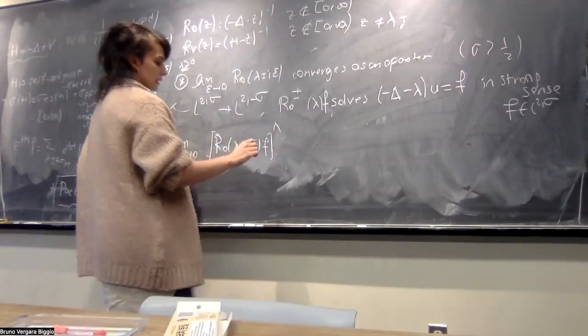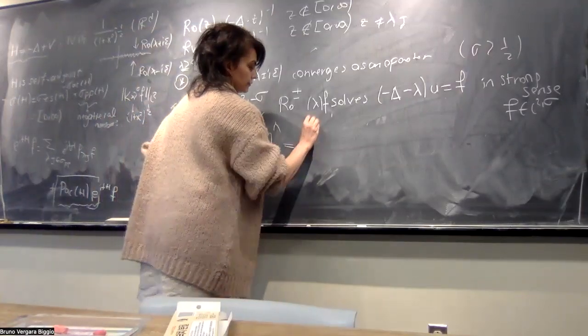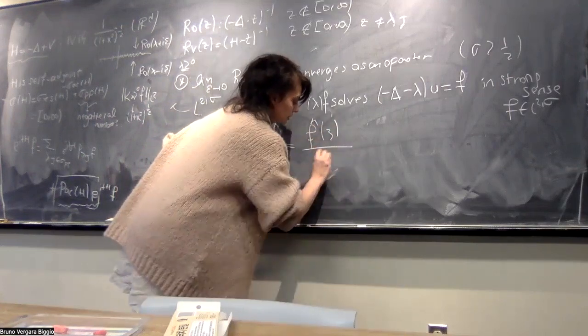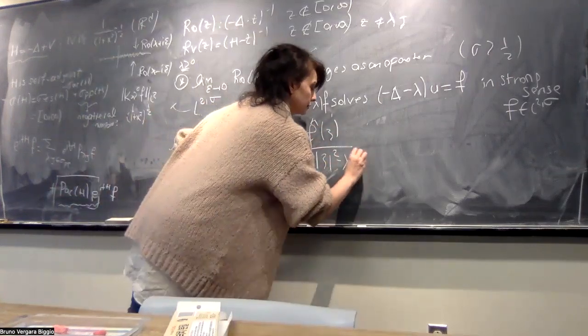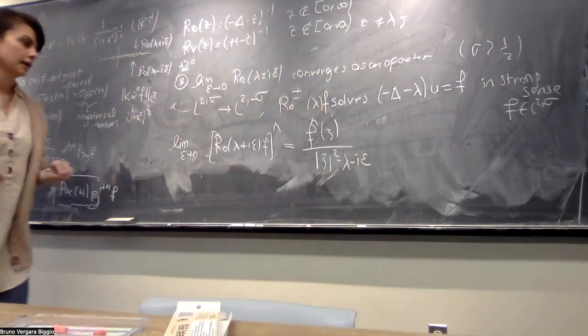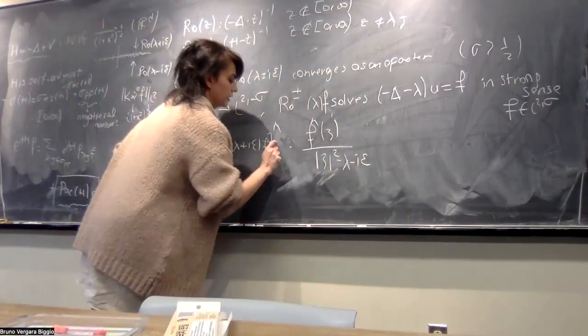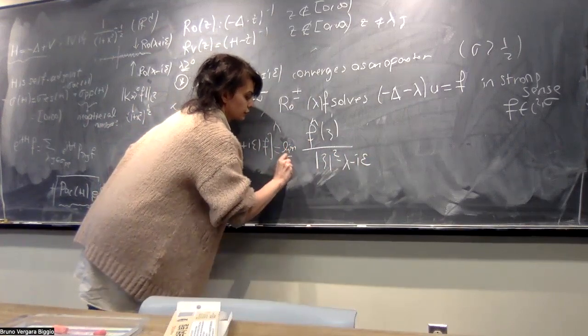So now this is gonna be equal to f-hat(xi) over xi squared minus lambda minus i epsilon, as epsilon goes to 0.